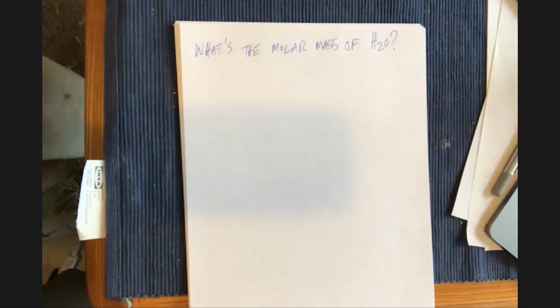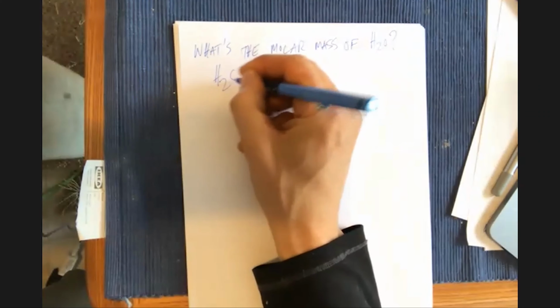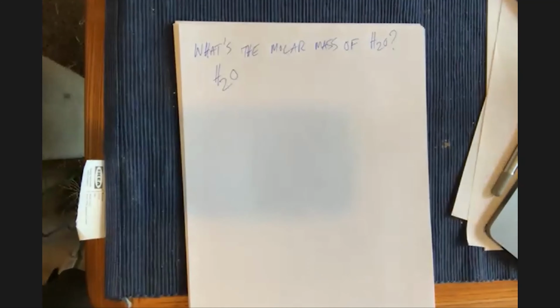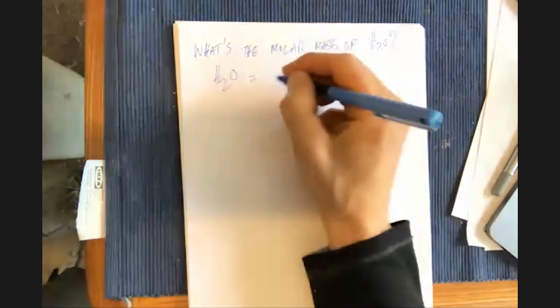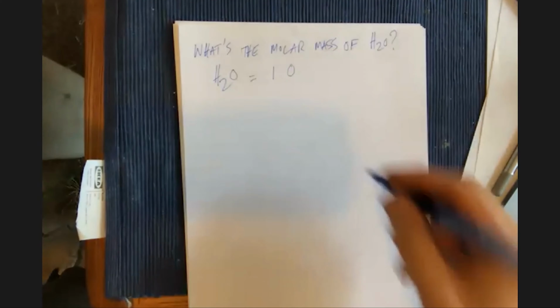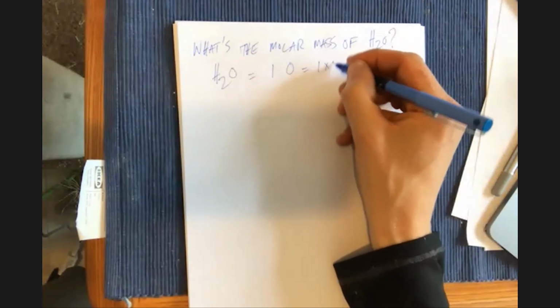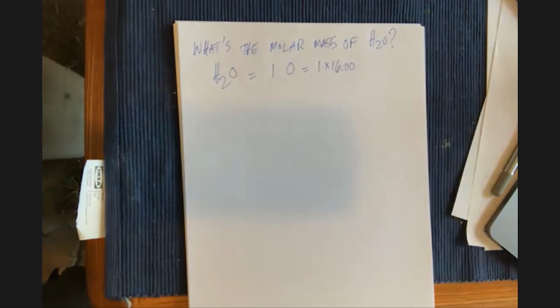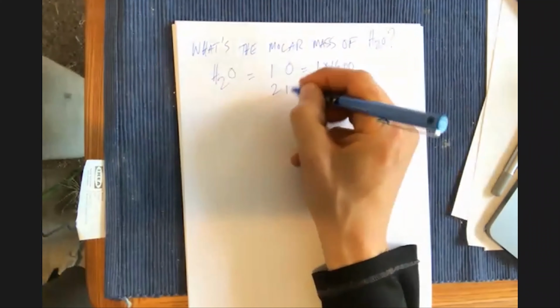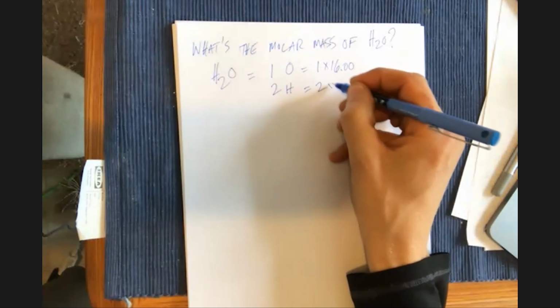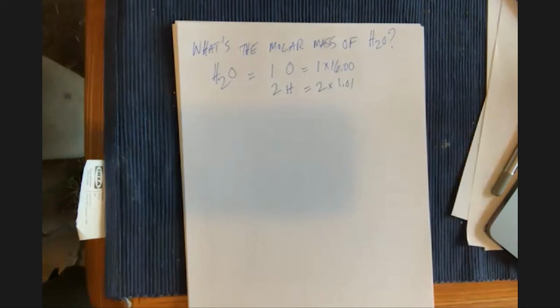Sure, 18 grams per mole. And you can get that by going H2O, and depending on where we are in this course, when you're looking at this video, this might be easier, it might not be hard. You've got one oxygen, so you've got 1 times 16 for the oxygen, and you've got 2 hydrogens, so 2 times 1.01 for the hydrogens.